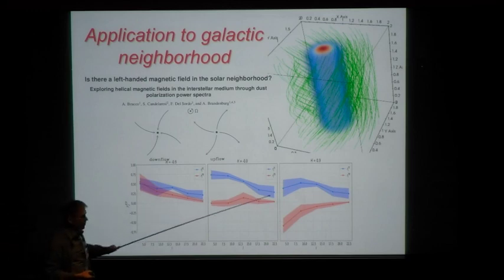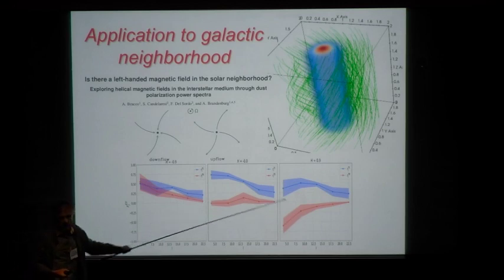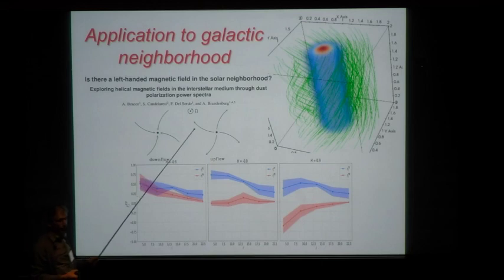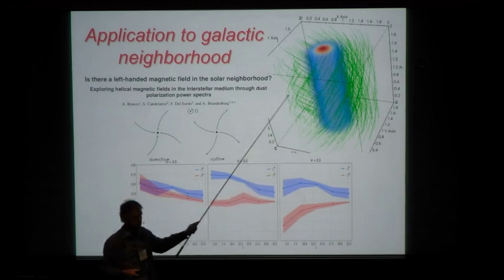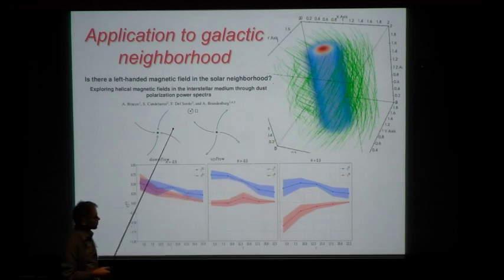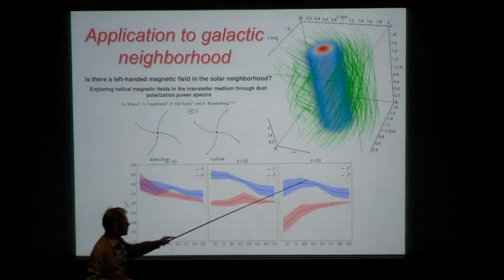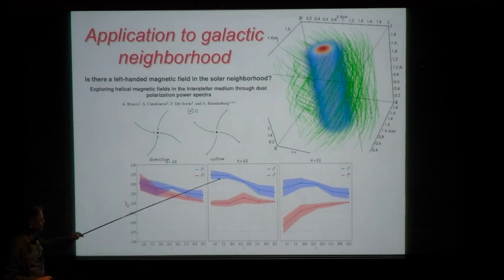And so now we begin to see clearly, in this case, we have a difference between the two different signs of helicity. And of course, the way to change the helicity is by changing the sense of the toroidal component or the vertical component, one of the two. And so how is it possible? This, by the way, is the TE polarization, which in all cases is positive, even in the absence of helicity.